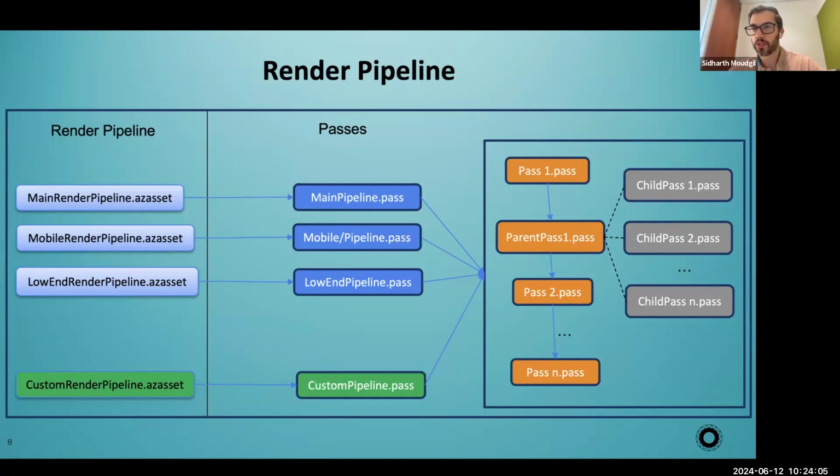It is a shader, which is the kernel, and it has inputs and outputs. So it will do that amount of work. And if you chain a bunch of passes, you essentially get a render pipeline. So each one of these passes can pull in whatever pass they need as needed. So this just defines the layout. So then what we do is we load these asset files and we create a runtime object out of it.